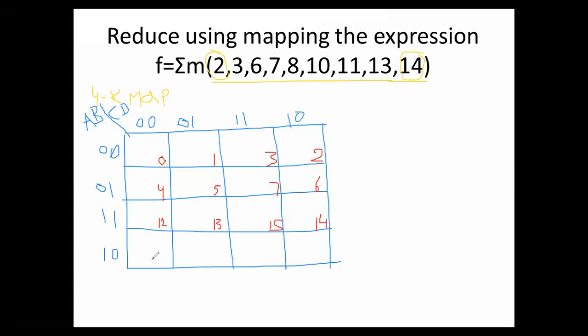Next 1 0 0 0, this is equivalent to 8. 1 0 0 1 is 9. 1 0 1 1 is 11. 1 0 1 0 is 10. Okay, this is the general K-map for 4 variables.